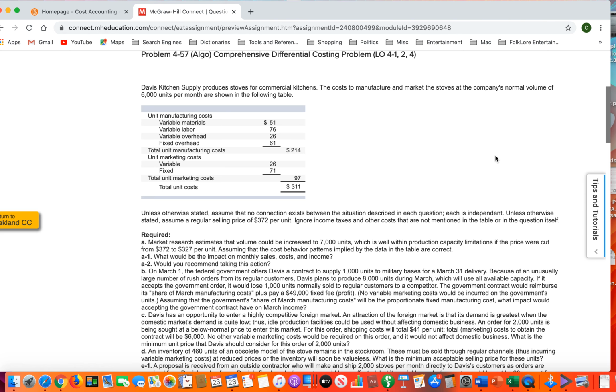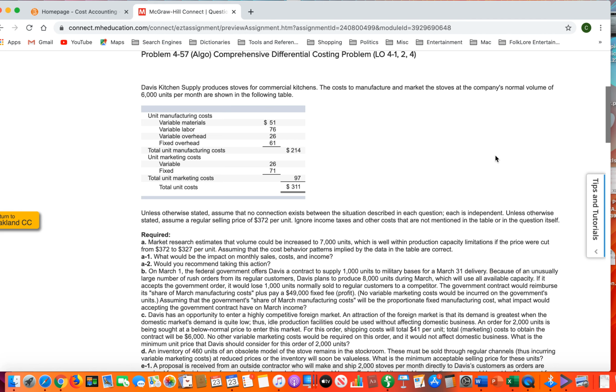And here's the trick. Don't let this slip you up. The fixed cost stays the same. The fixed cost, I think it was 792,000, was it? Yes. No matter how many units, we're talking about the total fixed cost. Not the fixed cost per unit, but the total fixed cost is still going to be $792,000.